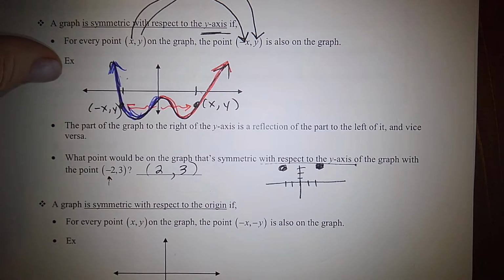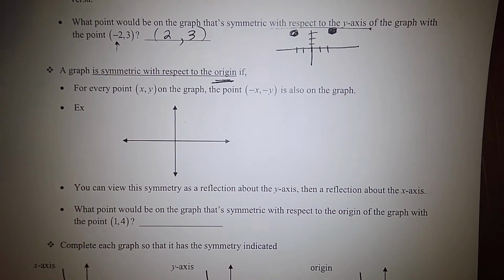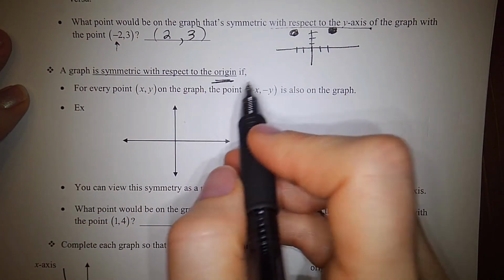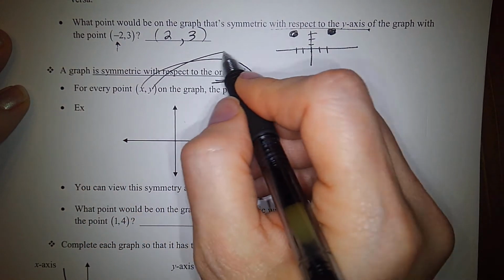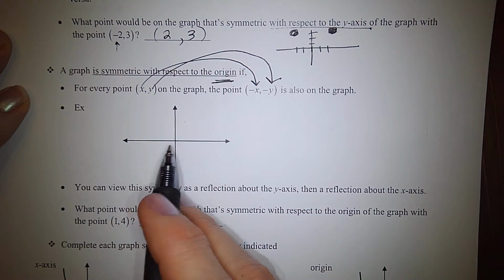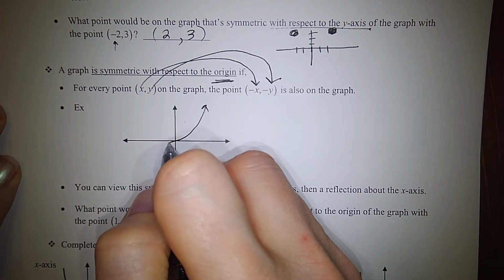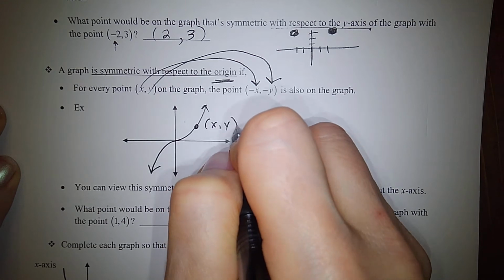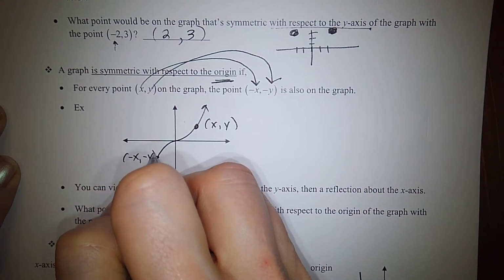Now the last type of symmetry is symmetry with respect to the origin. Origin symmetry means that for every point x, y in the graph, not only does the x become negative, but the y does as well. So for example, if I have the graph like this, for every point x, y on the graph, there will be a point negative x, negative y.